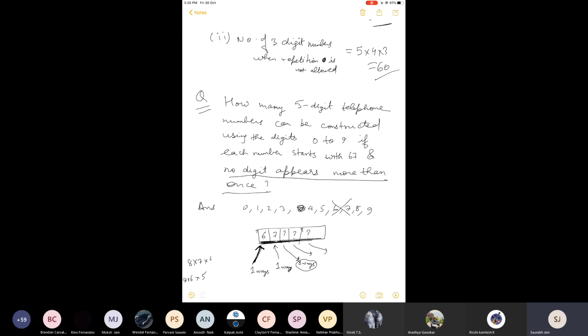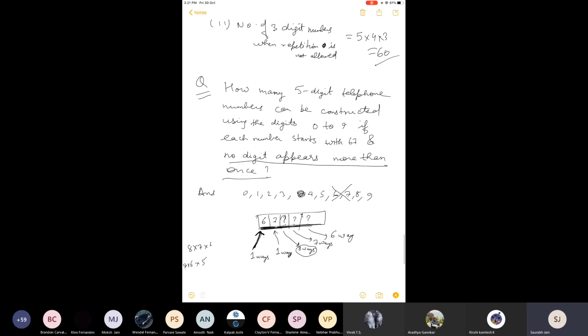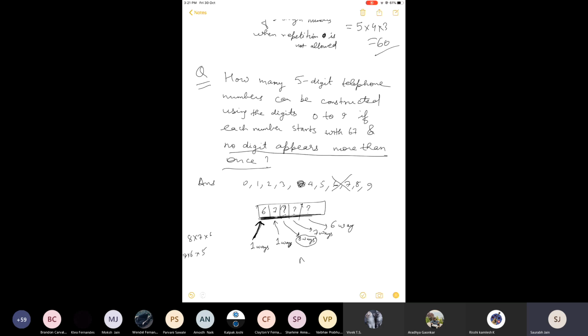But now what will happen? One more digit will be blocked apart from 6 and 7, because of this third box. So how many ways are remaining for the next one? 7. And for the last one? 6. So how many numbers will be there?